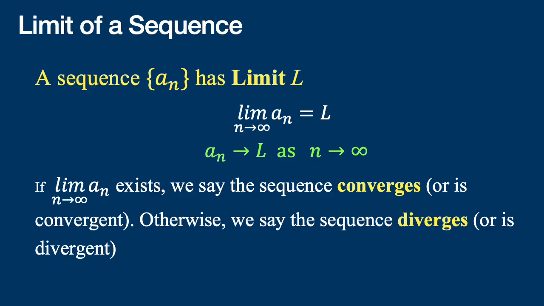So if the limit of a_n exists, we say the sequence converges. Otherwise, we say the sequence diverges. That's how we define the limit of a sequence.